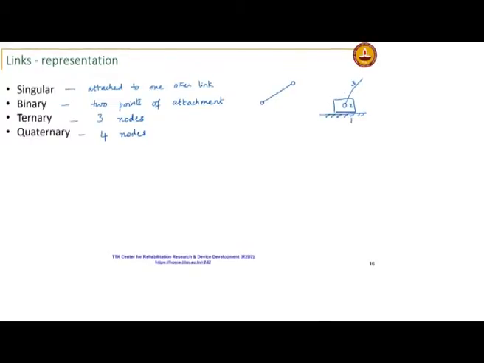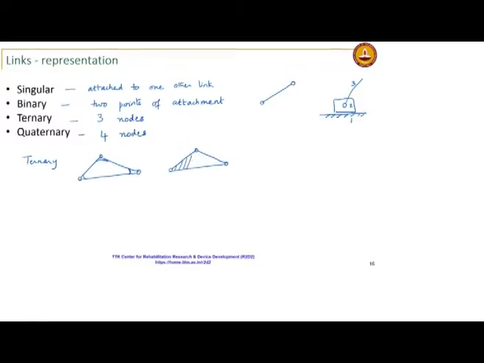A ternary link would be represented in the following ways. You could have this, and when you want to indicate it is a single link, you either show it in terms of welds or you shade the entire link.